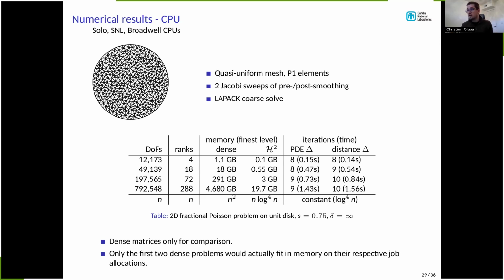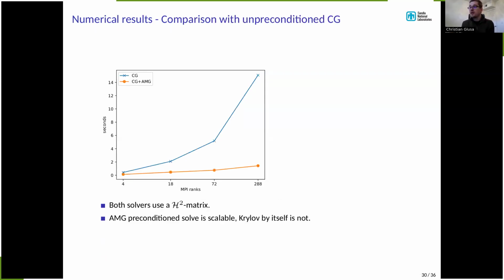I also show the time to solution for the different problem sizes, and we see that it grows logarithmically, which is the expected growth.